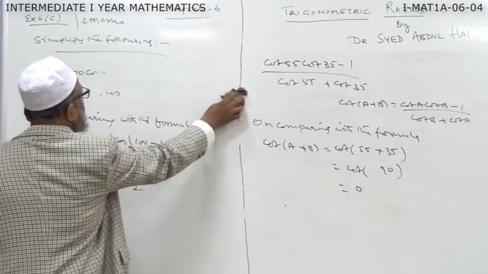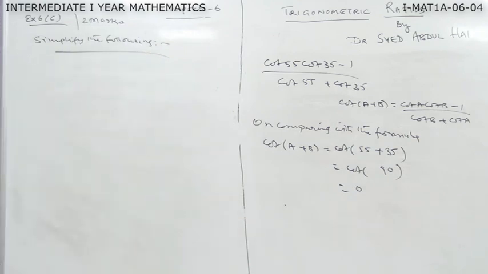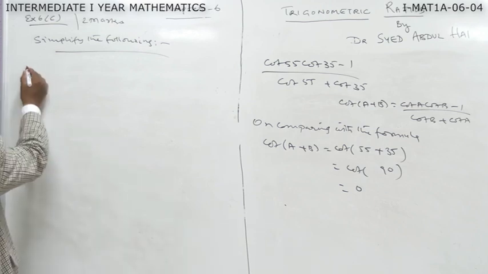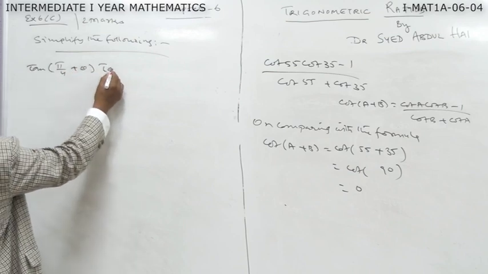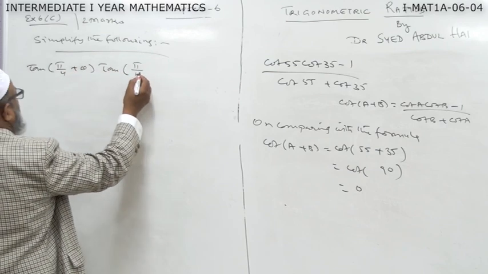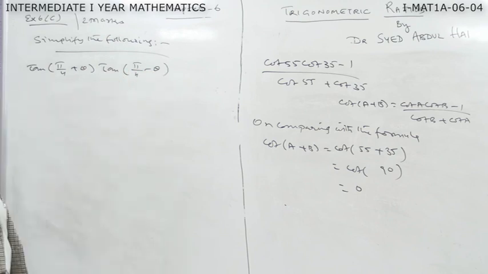Question is 5 by 4 plus theta into tan of 5 by 4 minus theta.